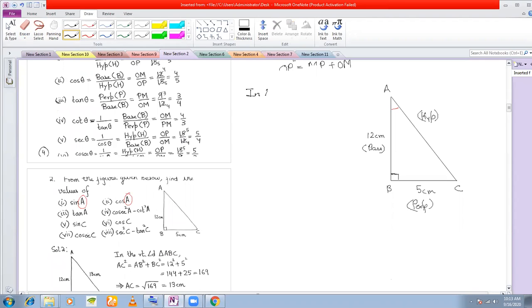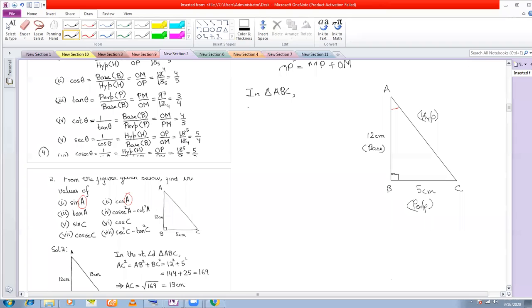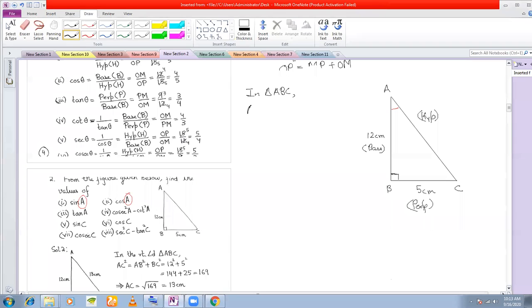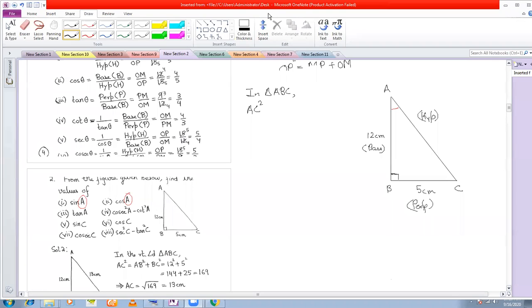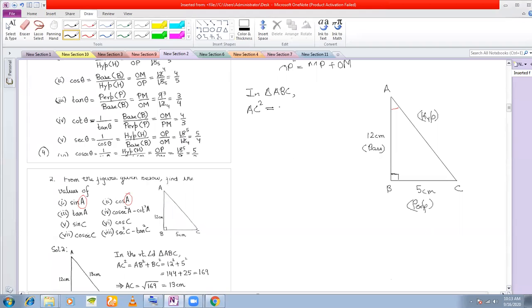So in triangle ABC, hypotenuse square, AC square, is equal to perpendicular square, BC square, plus base square, which is AB square.